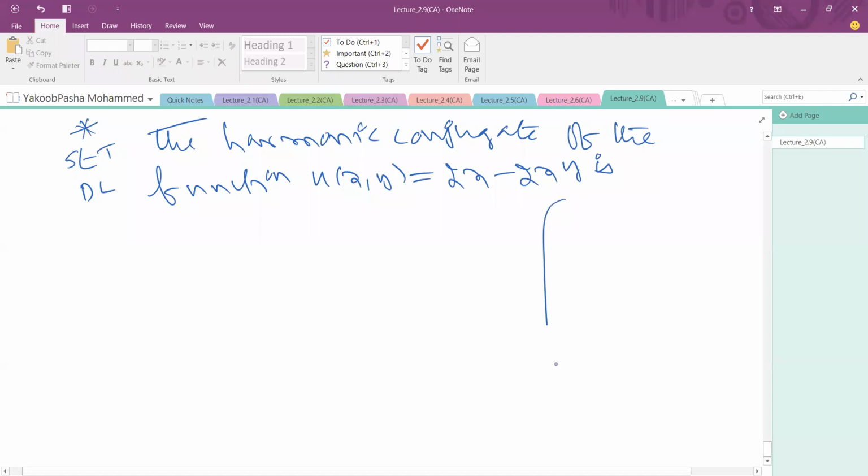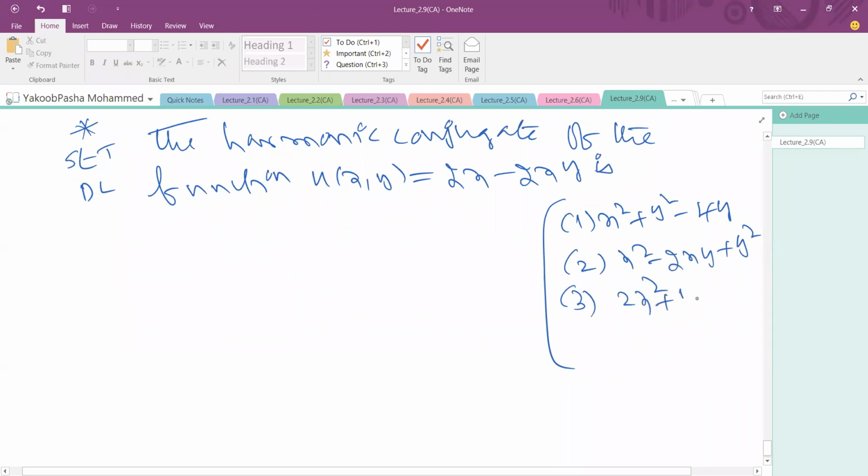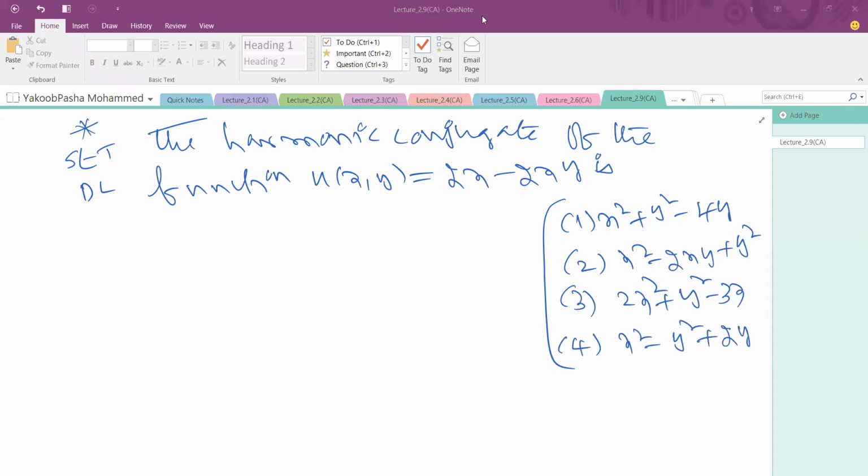We have options here. First option, x square plus y square minus 4y. Second option, x square minus 2xy plus y square. Third option, 2x square plus y square minus 3x. And the fourth option is x square plus 2y minus y square.